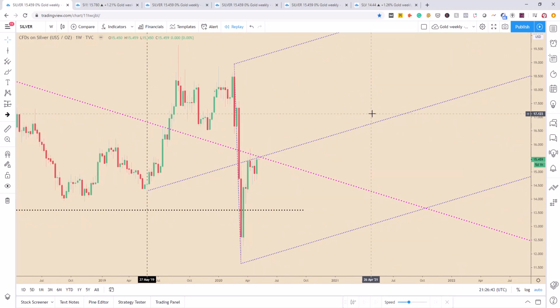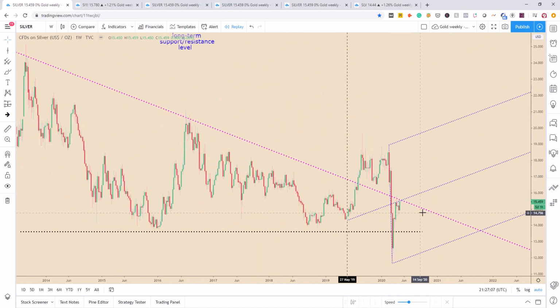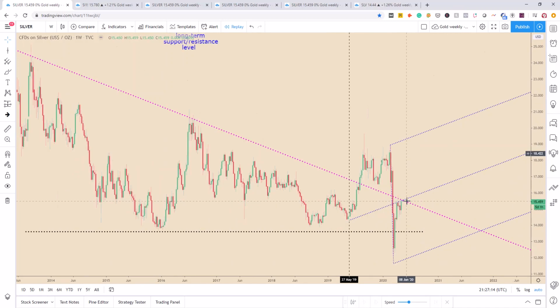Let's zoom in a little bit and look at this pitchfork. It hasn't been tested. So at this point, we can't put a whole lot of confidence into this fork, but it is interesting that price is right up here playing with the median line. Of course, it's also playing with the long-term resistance level.